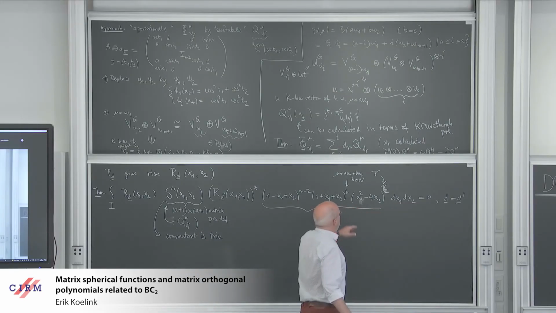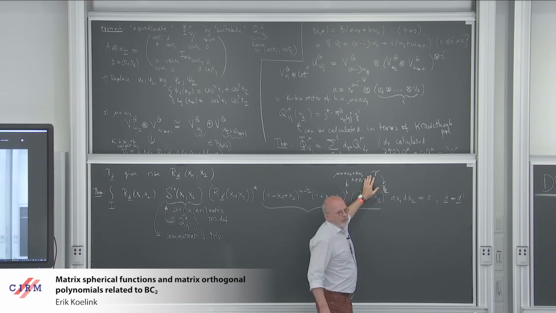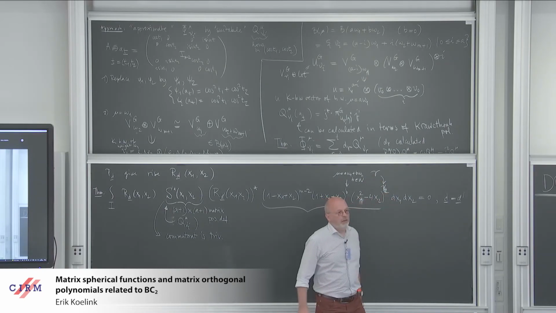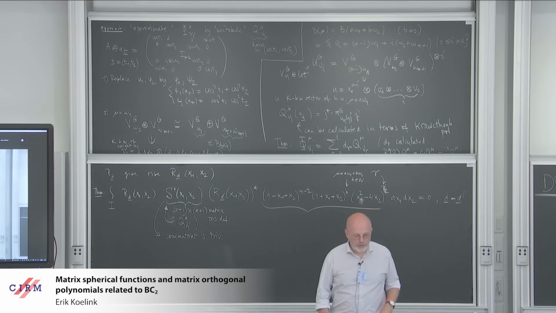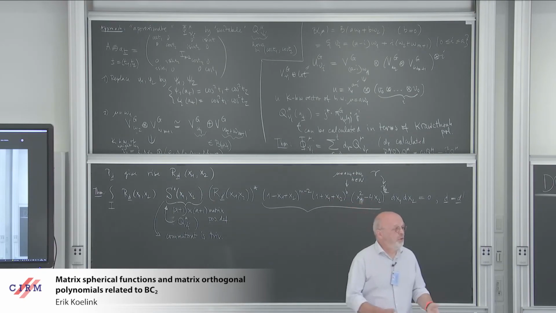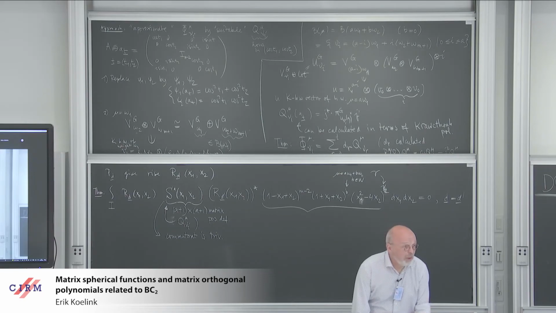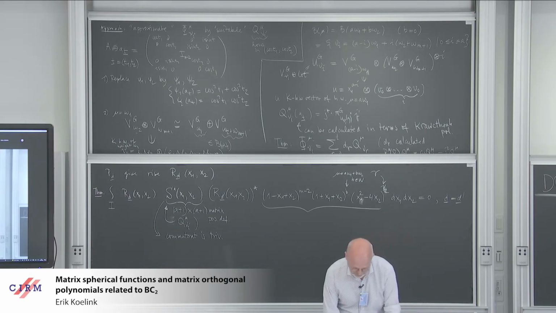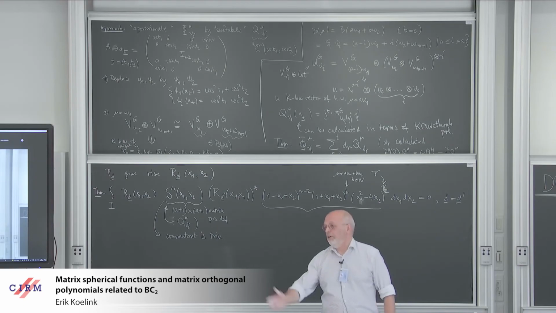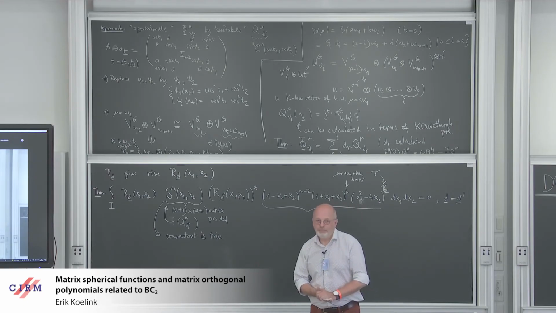We did this for rank 1 cases, and there you can still move around it. I'm quite confident it will also work here, except that I don't know, so I'm guessing. Don't take this as a statement, it's my expectation. Okay, sorry, I went over time. Thank you.